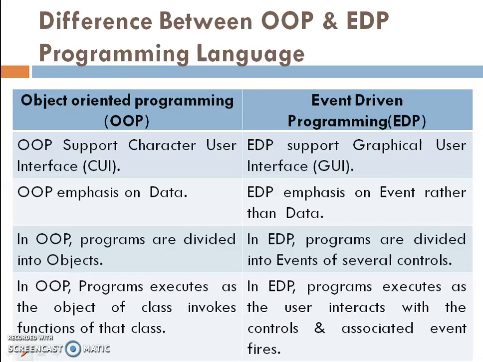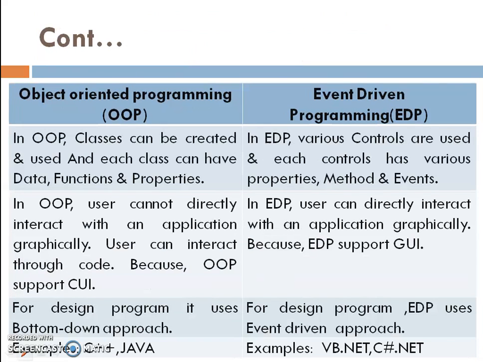In EDP program execute as the user interact with the control and associate with it event file. Now next point, in OOP classes can be created and used and each classes can have data, function and property. In EDP various control are used and each control has various property, method and event.